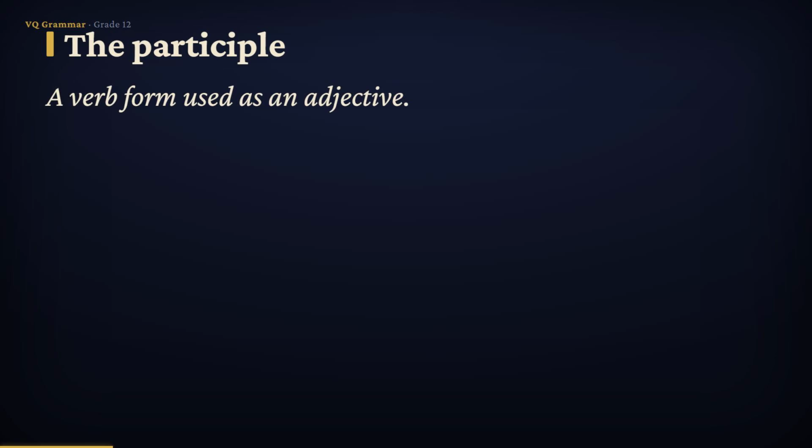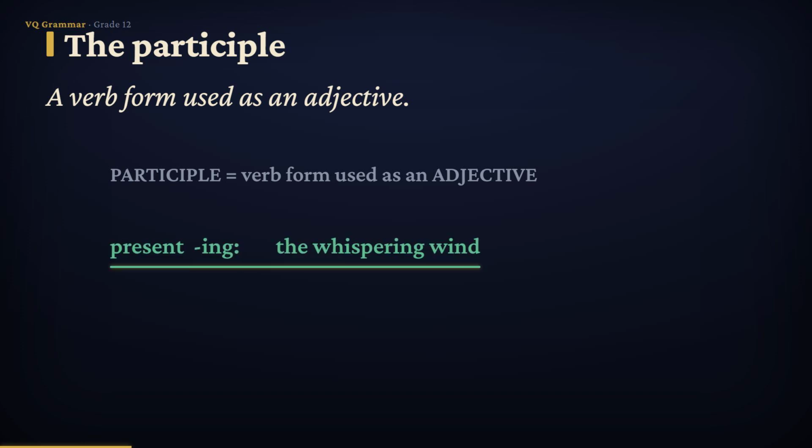Start with the participle. A participle is a verb form used as an adjective, which simply means it describes a noun. Present participles end in ing. In the whispering wind, whispering describes the wind. Which wind? The whispering one. Past participles usually end in ed or en.